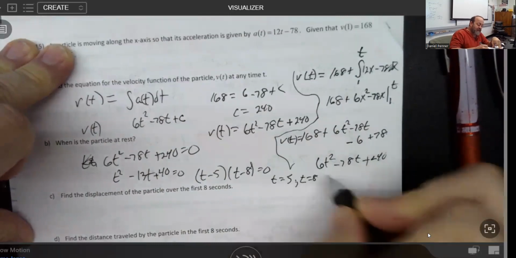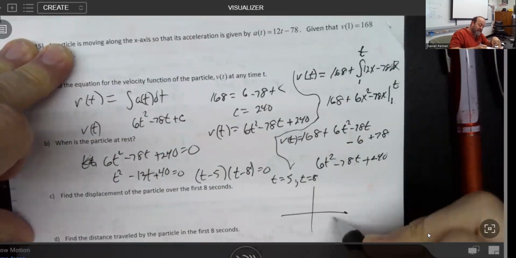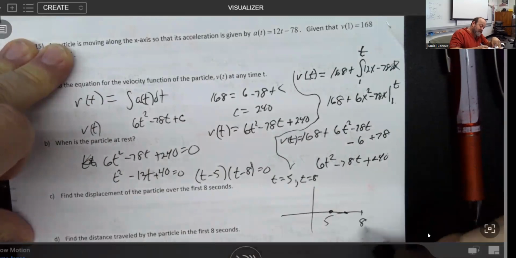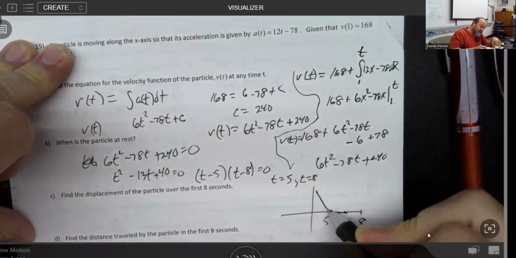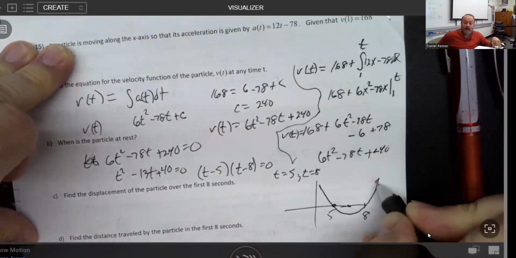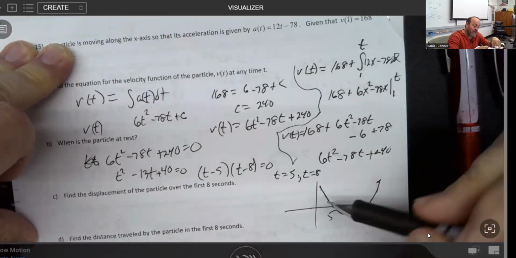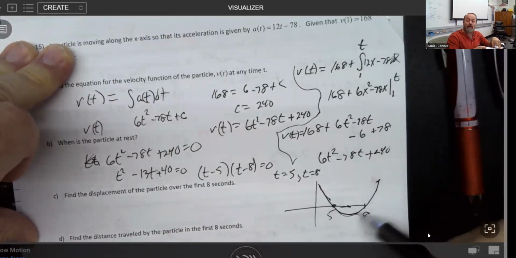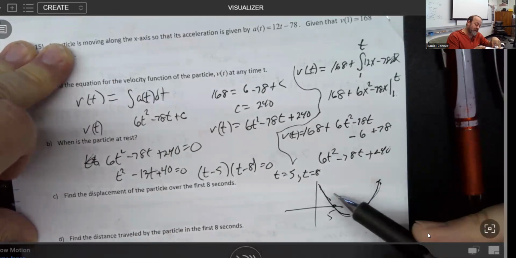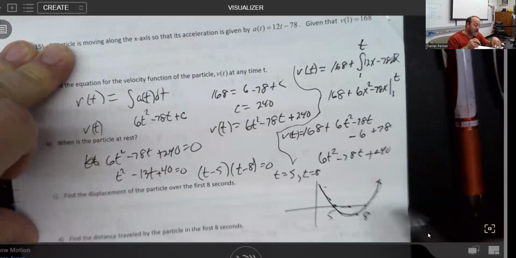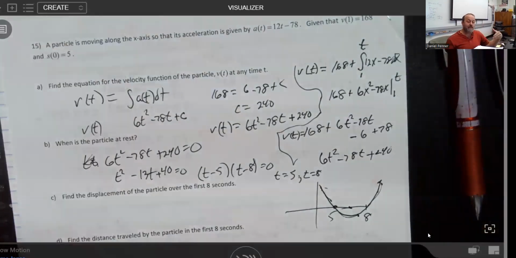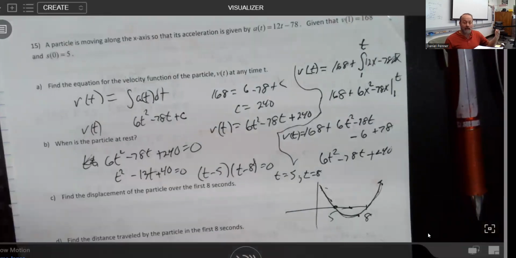The interesting thing is that at 5 and 8, it's at rest. This is the velocity function, and because it's a parabola, it was going forward, then backwards, then forward, with positive and negative velocities. Now it says, let's find the displacement over the first 8 seconds.